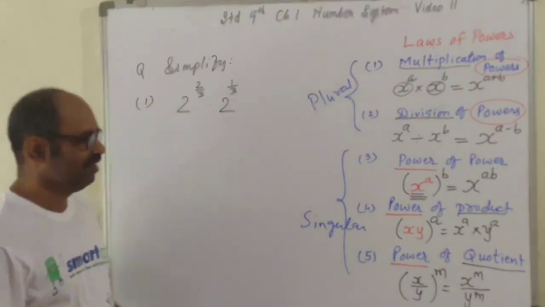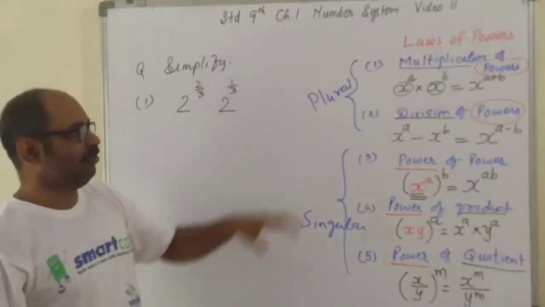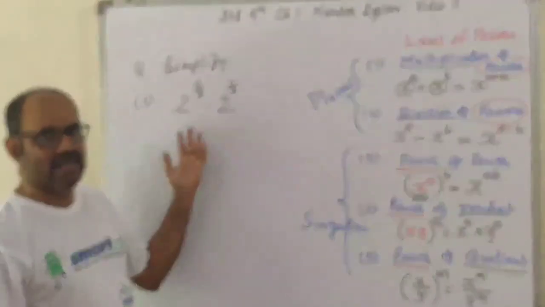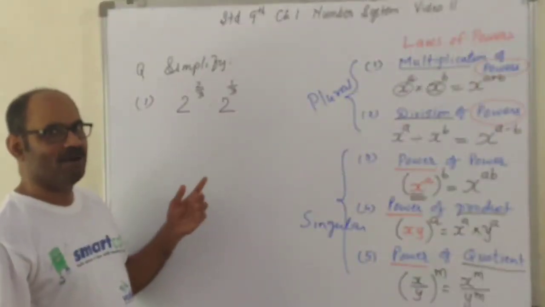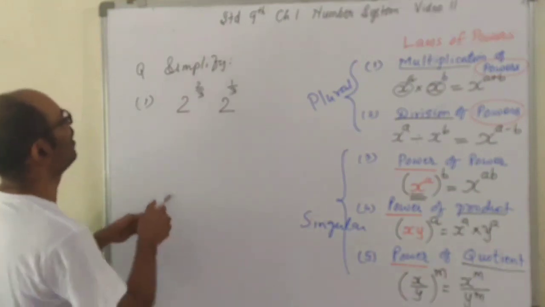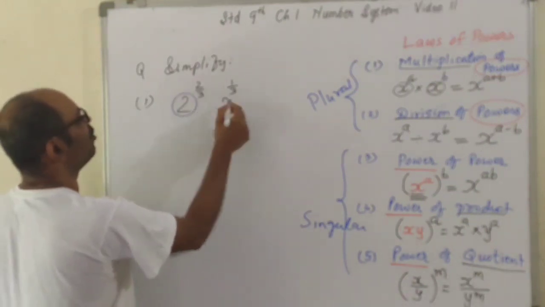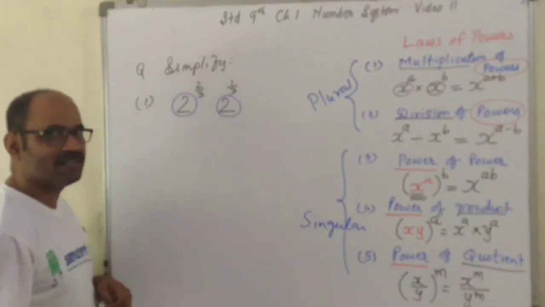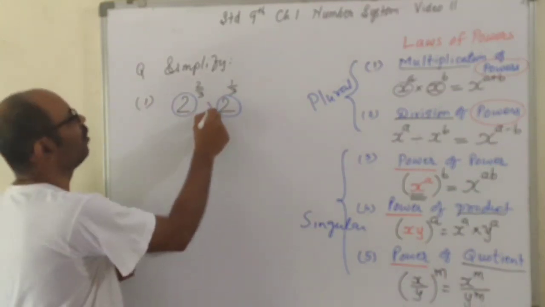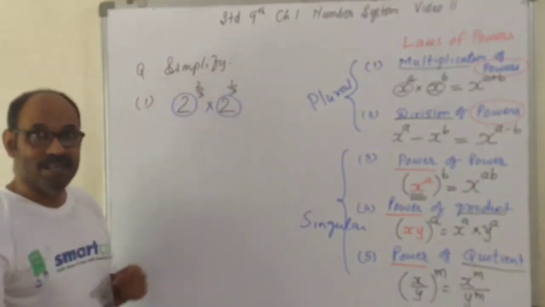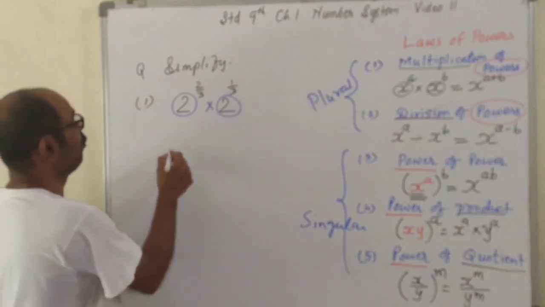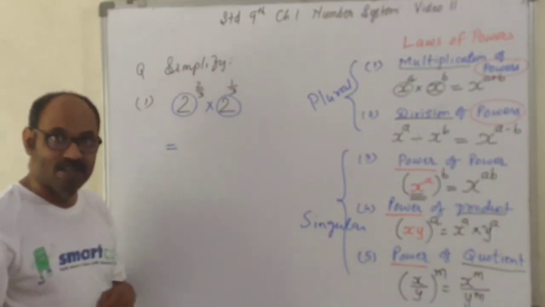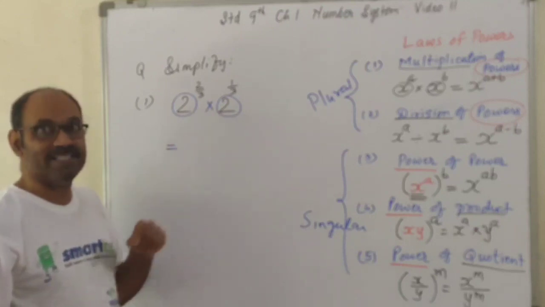So see, is the power single or plural? Plural. There are two powers. You can see a power with base 2 and another power with base 2. What is the operation performed? Multiplication. If you want to use the law of multiplication of powers, the bases have to be the same.